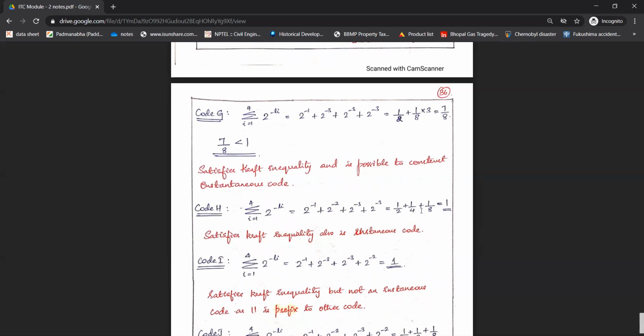The value is 1 by 2 plus 1 by 4 plus 1 by 8 plus 1 by 8, which gives us a value of 1. The conclusion is that it satisfies the Kraft-McMillan inequality, and it is possible to construct an instantaneous code.